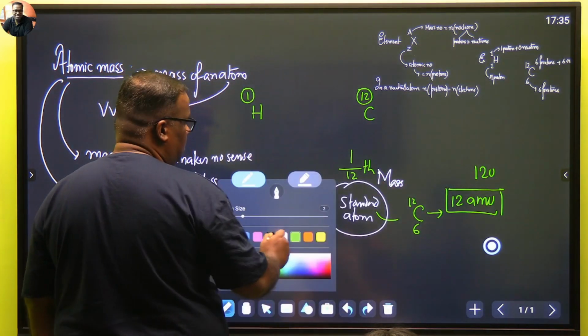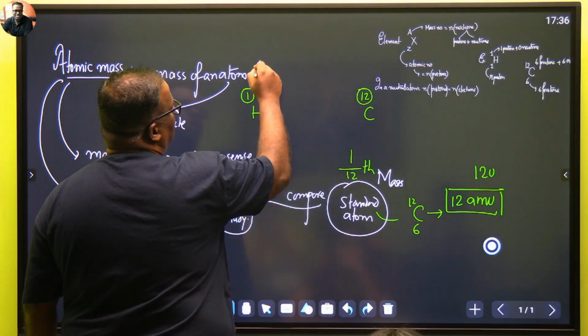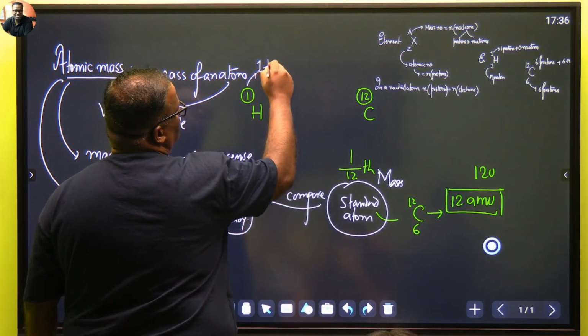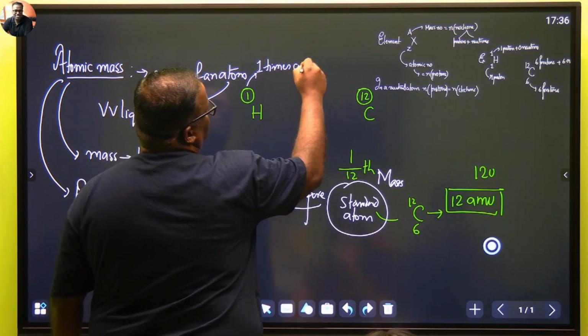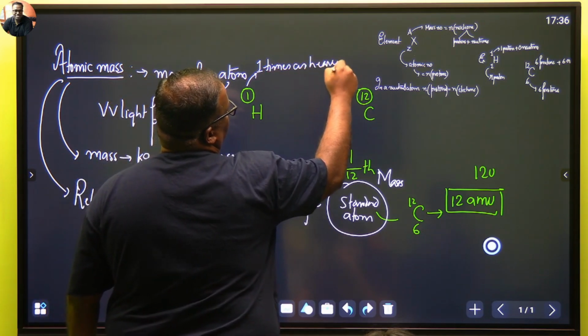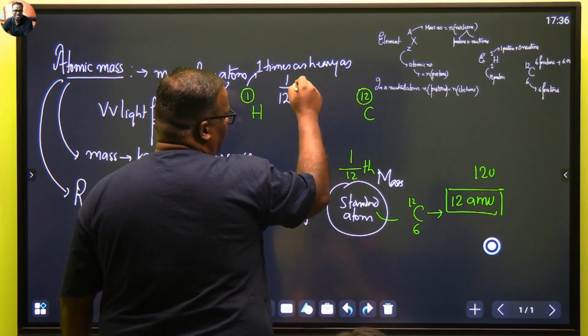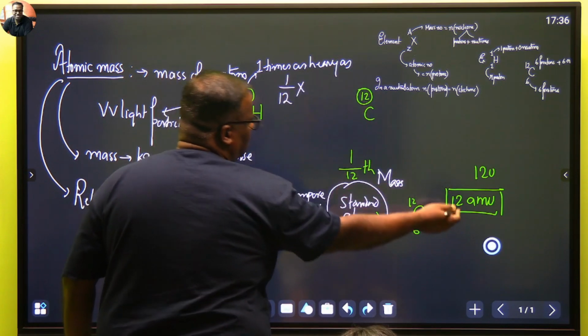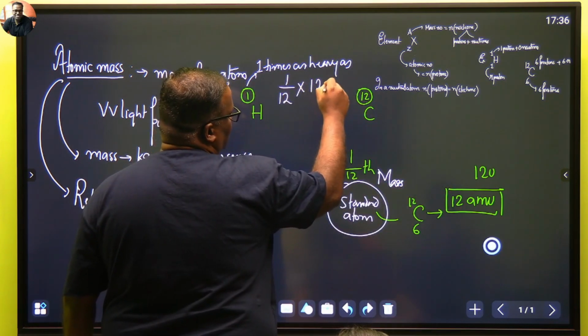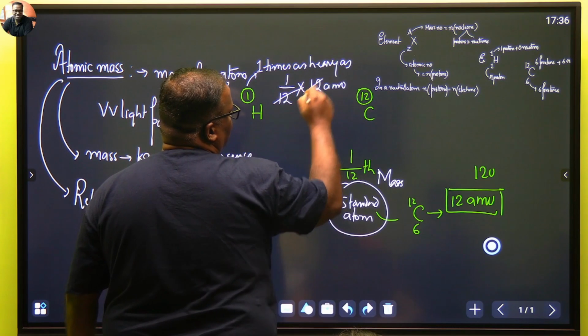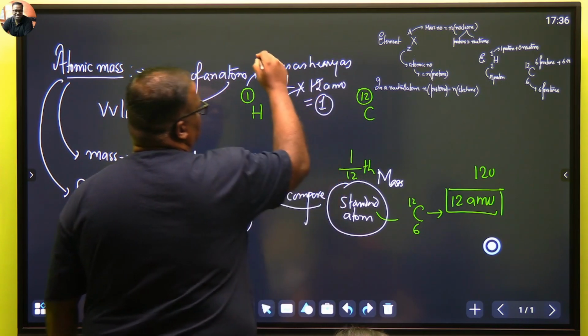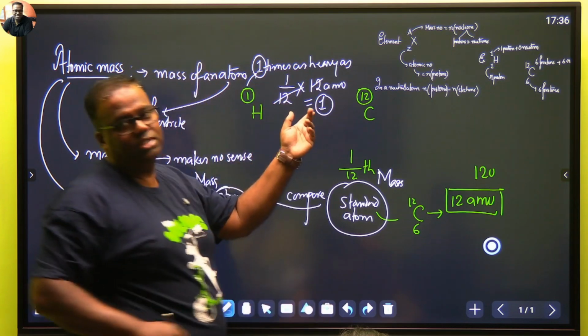We say hydrogen is how many times? One times as heavy as 1/12 of carbon 12's mass. What is carbon 12? 12 amu. So the 12 cancels out. That's why hydrogen gets the value 1. Hydrogen is one time as heavy.